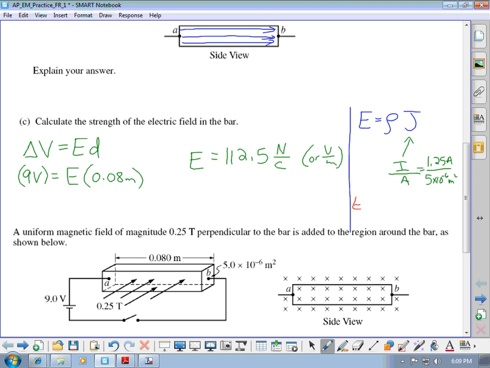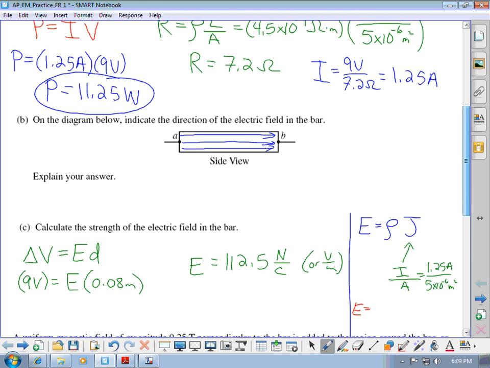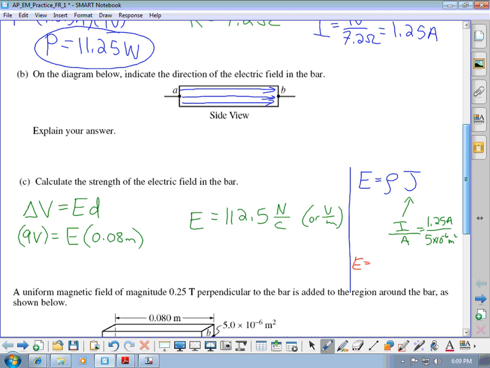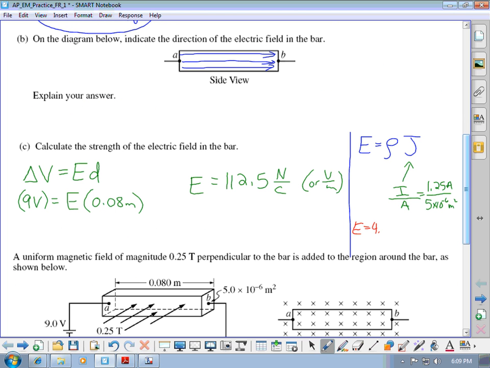So this electric field would have been the resistivity of 4.5 times 10 to the negative 4 times 1.25 over 5 times 10 to the negative 6.